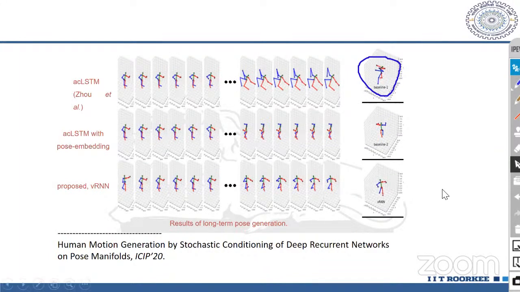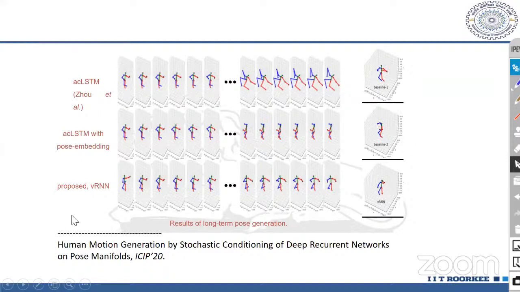Now the same AZ-LSTM with pose embedding algorithms seems to be okay. Still, we are not much satisfied. If you look at the animation, still you have the elongated legs and hands.